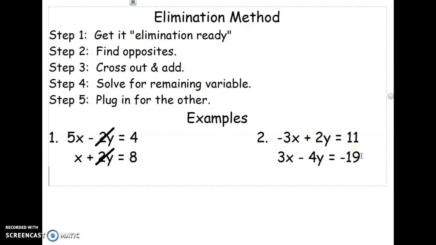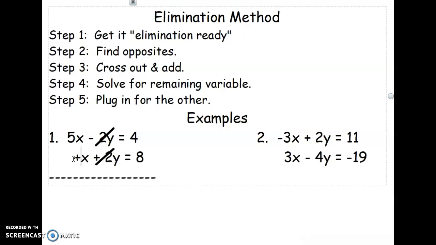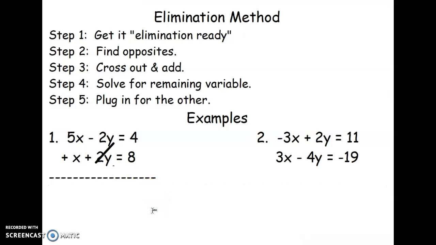So I'm going to come down here and get ready to add. I made a little line, and I'm going to go back up here and add a plus sign. Move it over a little bit. Okay, so now I'm ready to add.